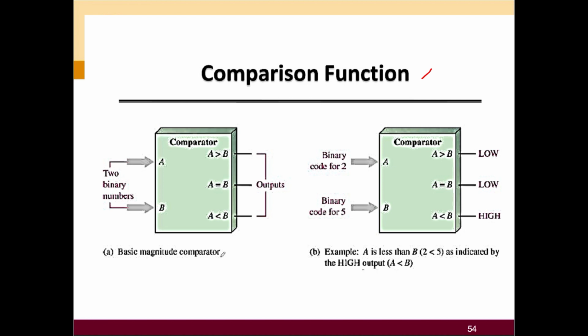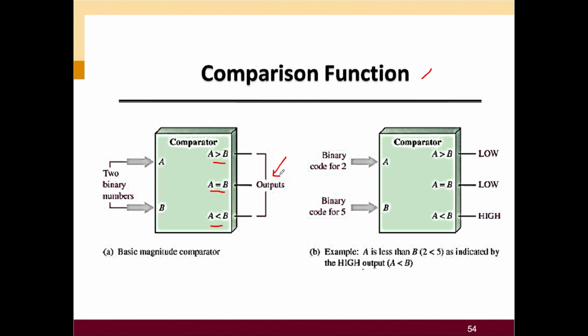Over here you can see that there are two binary numbers, a and b, and then the comparator, which is the output. For the output, you have a more than b, a equal to b, and another one is a less than b. So that becomes the output.